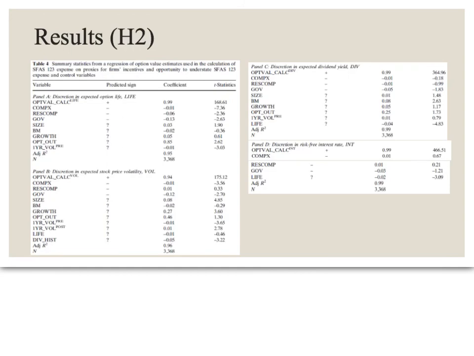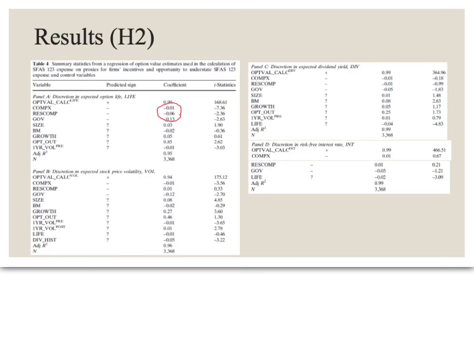Let's look at panel A in table 4. The 3 coefficients in panel A are all negative. Right here. This indicates that managers use option life to understate option value estimates.